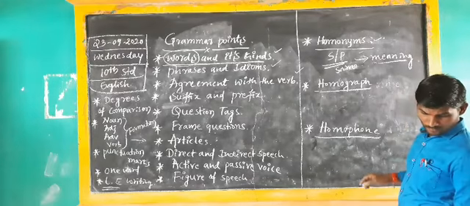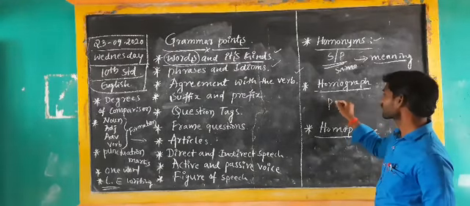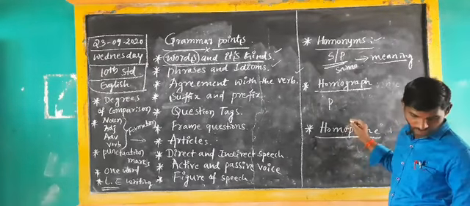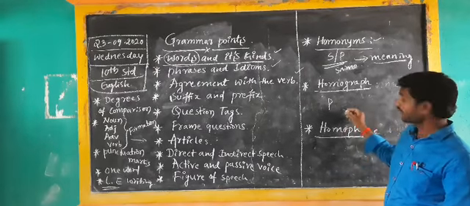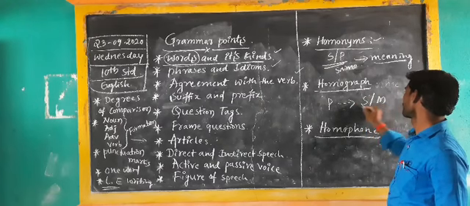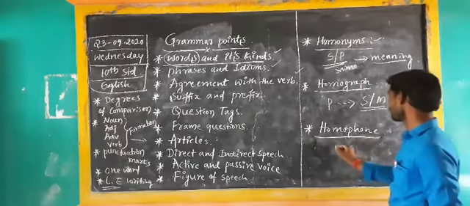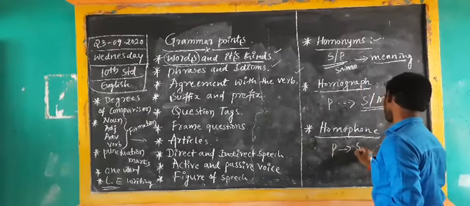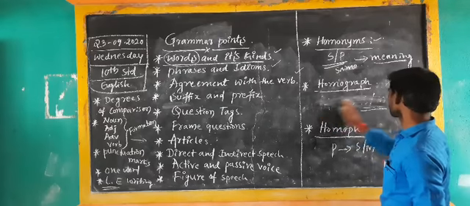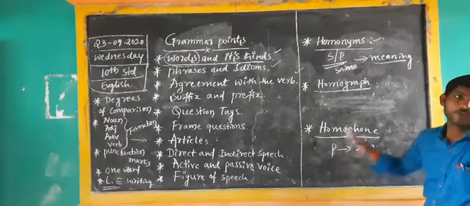Here, pronounced alike. Pronunciation is the same, but here different meaning or spelling. Different in the spelling or meaning. These words are considered as homophones. Just you have to understand here what are the homophones.